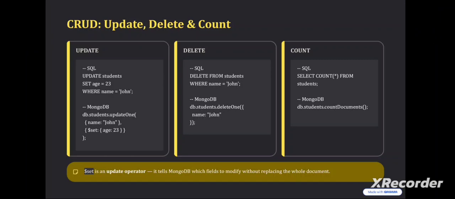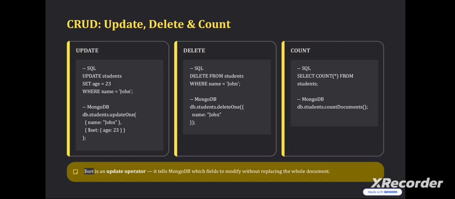So db.collectionName.updateOne, inside that, name colon John, this indicates the filter, and then the one which you want to change should be given with $set, colon, which field you want to set, age colon 23. Okay, so whichever document is matching John, for John we'll be setting the age as 23. Here only one document, the first matching document with John, will be updated with this particular value.